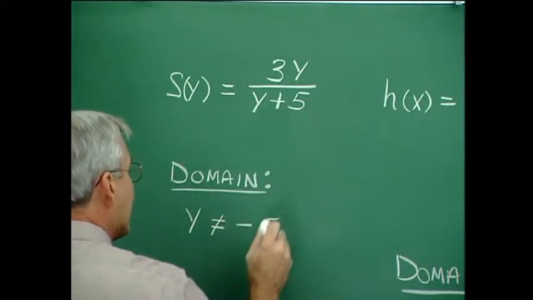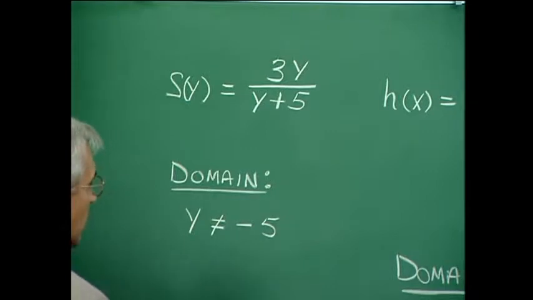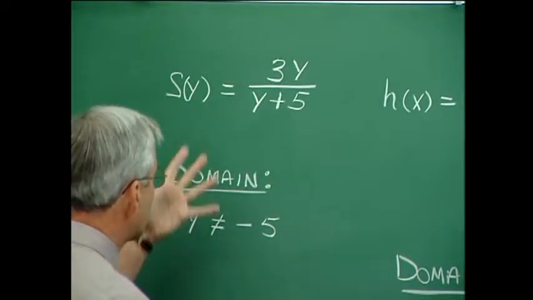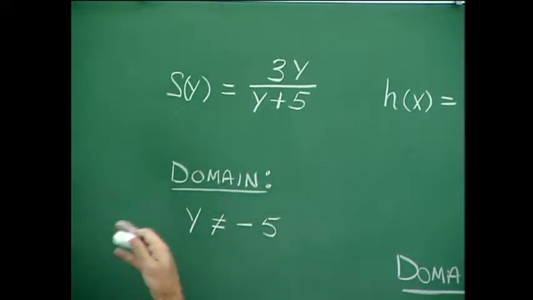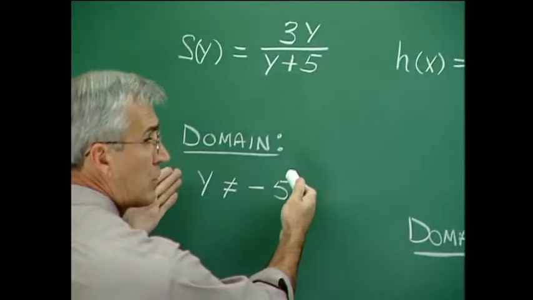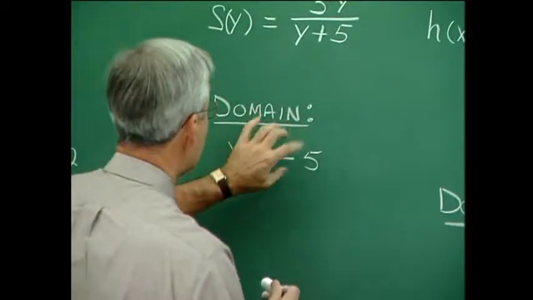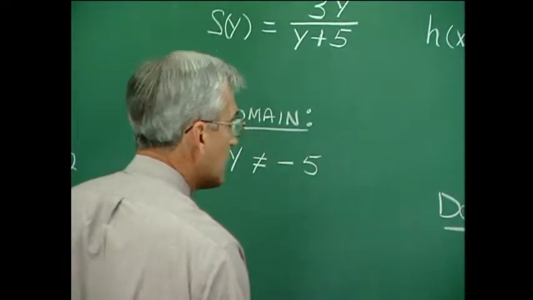Now, a more formal way to write this domain, this is a rather informal way. We're kind of assuming that it's all real numbers except this particular one, and we know that just by the nature of this notation.